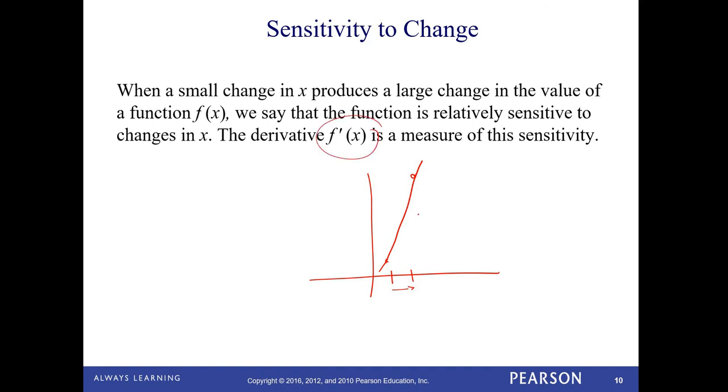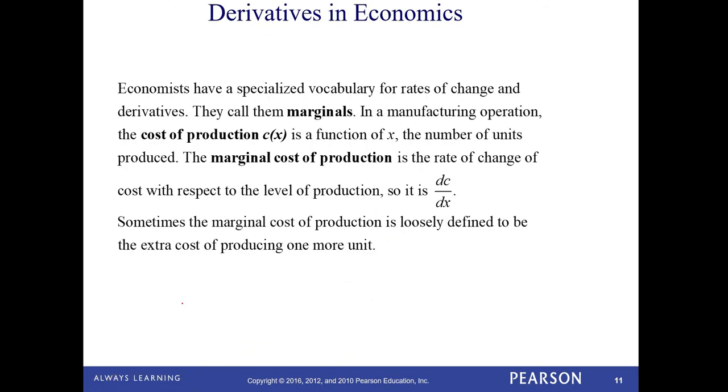F prime is this measure. So even if this weren't a straight line, if we did something like this, F prime tells me how quickly the graph is changing, or its sensitivity to change at a particular point. So if F prime is large, we have a high sensitivity to change.